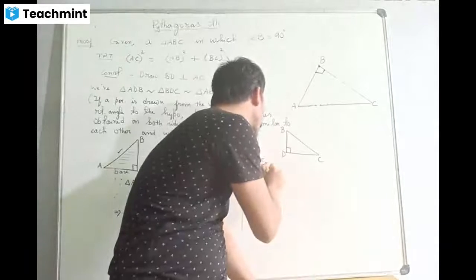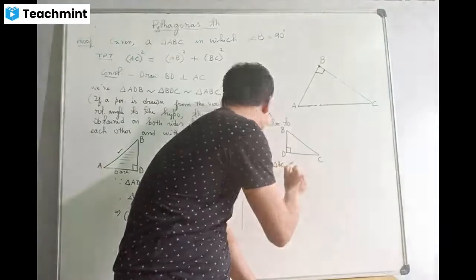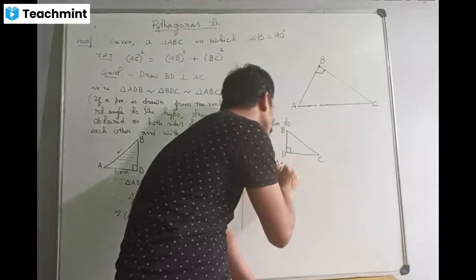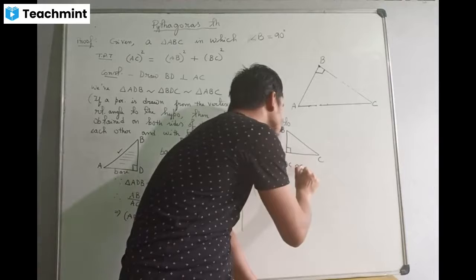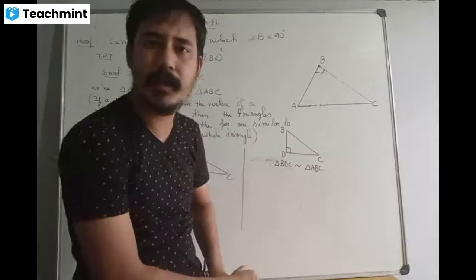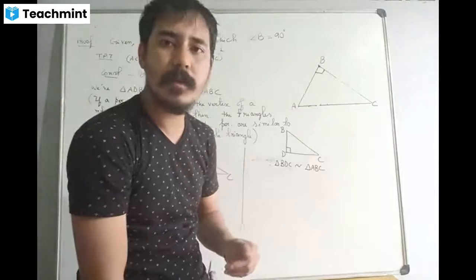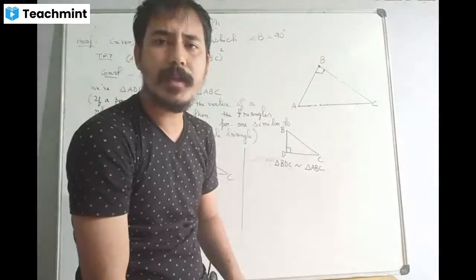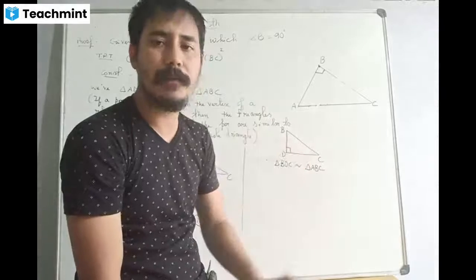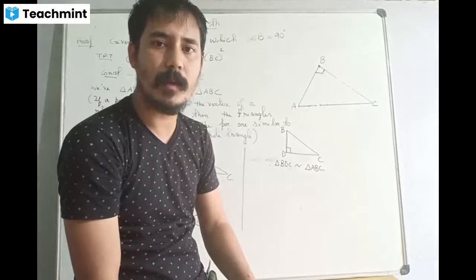Now, since triangle BDC is similar to triangle ABC, we have already seen they are similar. So here also, their corresponding sides will be in proportion, meaning the ratio of corresponding sides will be equal.